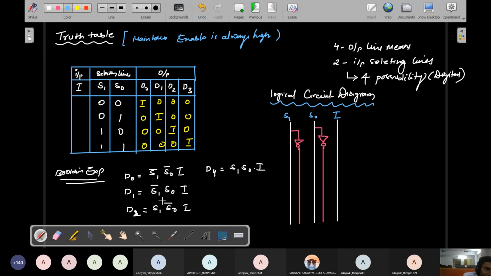I draw the first D0 AND gate. Because both are complemented, you consider S1 bar and S0 bar. I use yellow color for the connections.